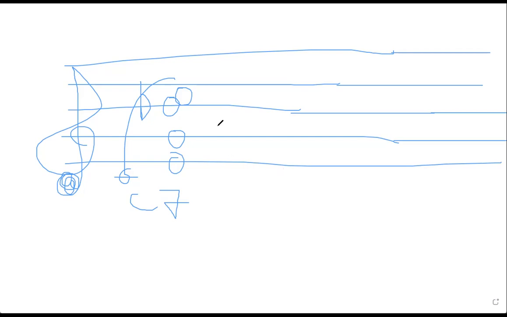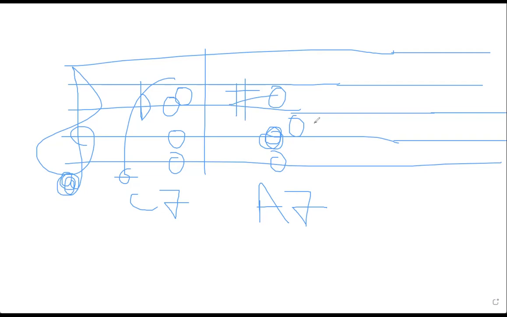The A7. Okay, we have an A7. Remember, the seventh represents the 4 chord. So we have an E, a G, an A and a C sharp.